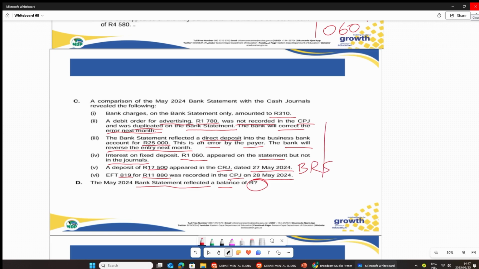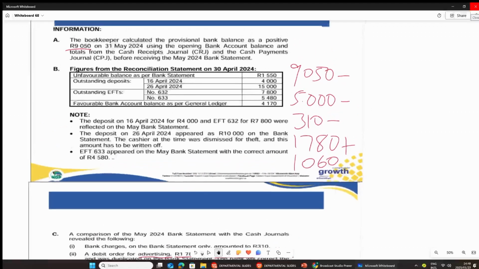So now, what you have to do is calculate your bank account balance here: 9,050 plus the amount of 5,000, minus the amount of 5,000, minus 310, minus 1,780, plus 1,060. That will give you a bank account balance.